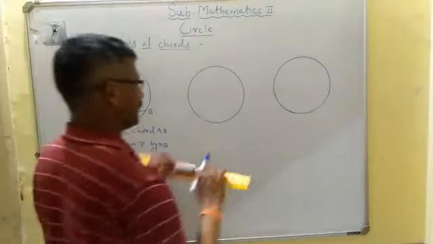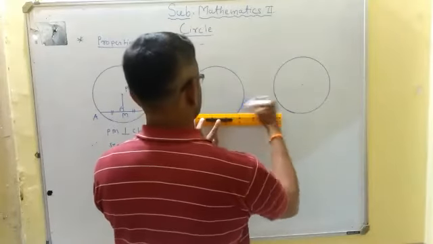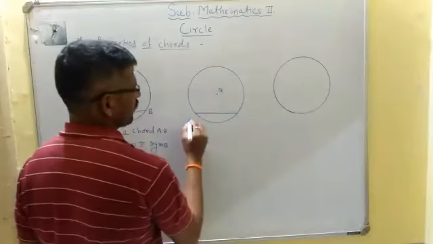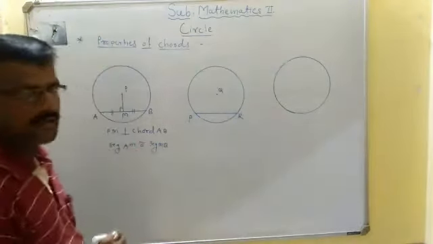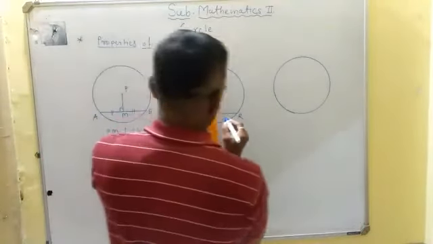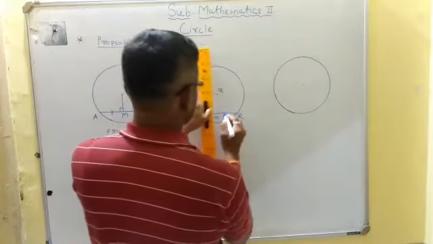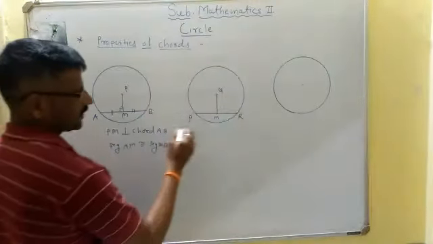Now the second property we learned previously is this. Suppose a circle with center Q has the chord PR, and M is the midpoint of that chord PR. Then what happens? What is given here?